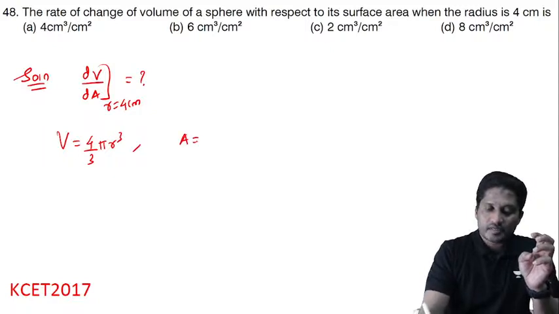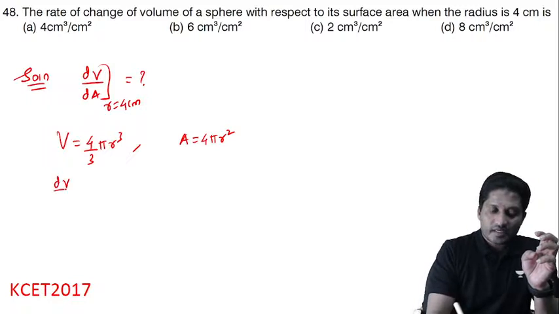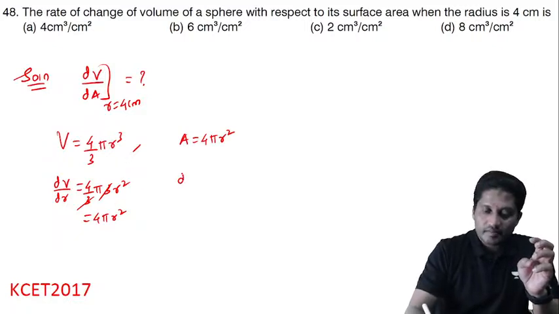Surface area of a sphere is 4 pi r square. dV by dr is equal to 4 by 3 into pi, differentiation of r cube is 3r square. 3 and 3 cancel, you will get 4 pi r square. dA by dr is equal to 8 pi r.